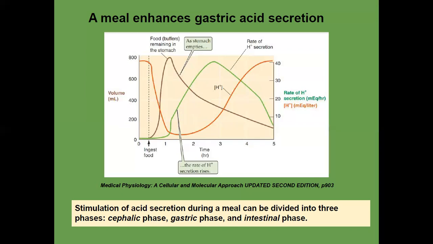This means the stomach starts to empty part of your food, but the hydrogen ion started to increase, until your stomach empties almost all of your food into your small intestine.